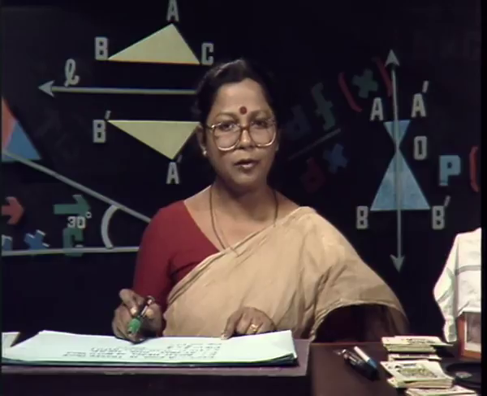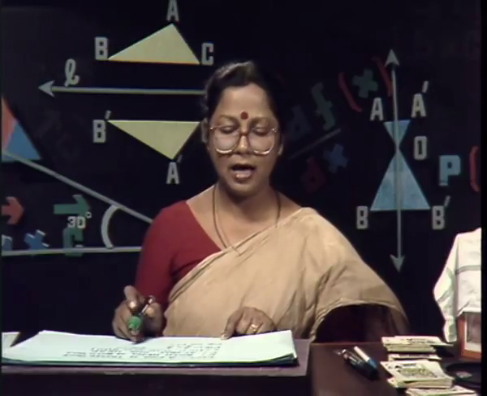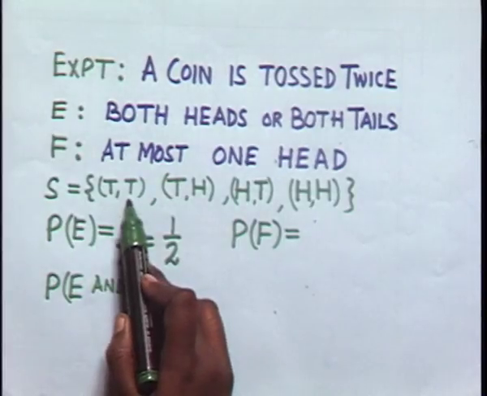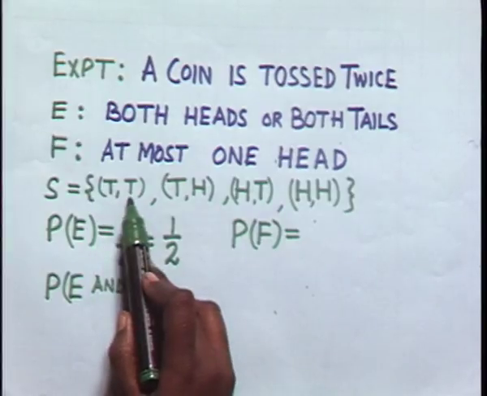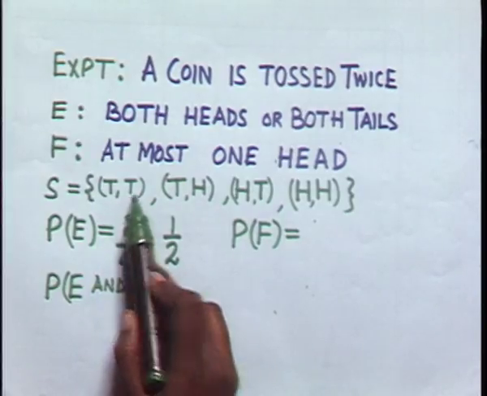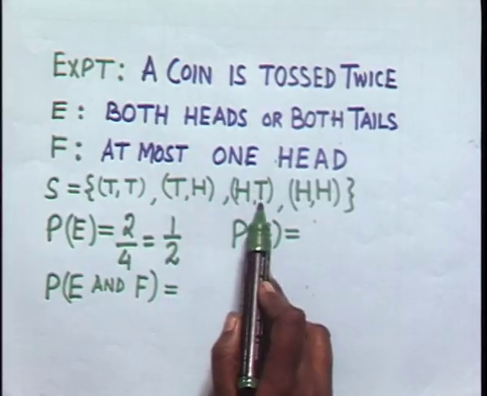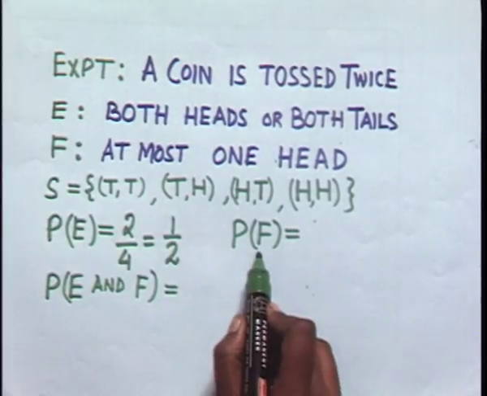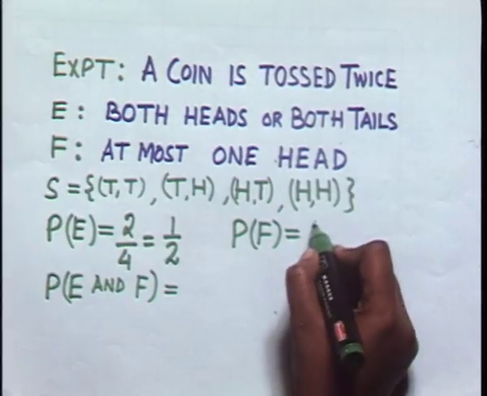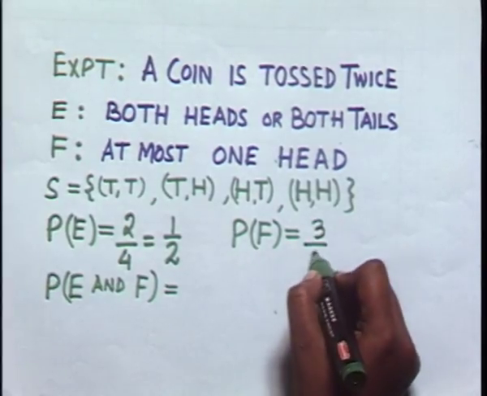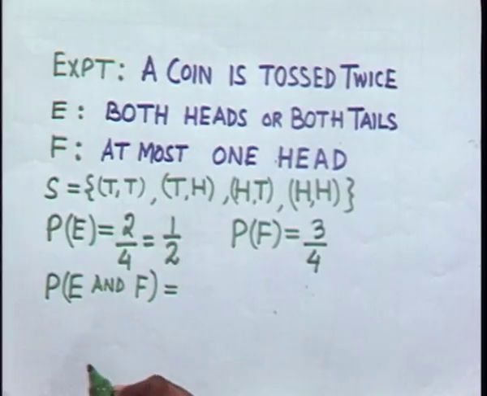So, the favorable outcomes for event F are getting 2 tails, 1 in the first toss and another tail in the second toss, or 1 tail 1 head or 1 head 1 tail. Therefore, probability of event F is given by 3 upon 4.